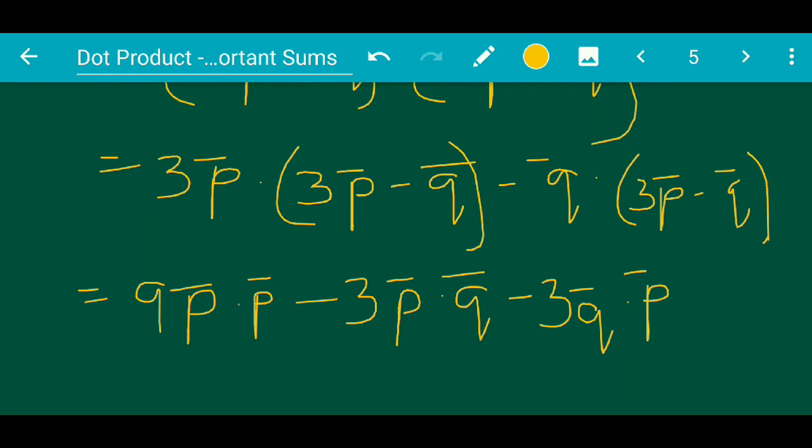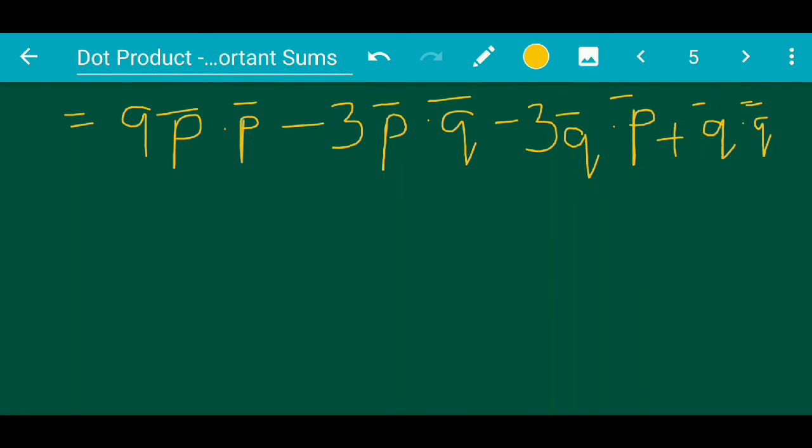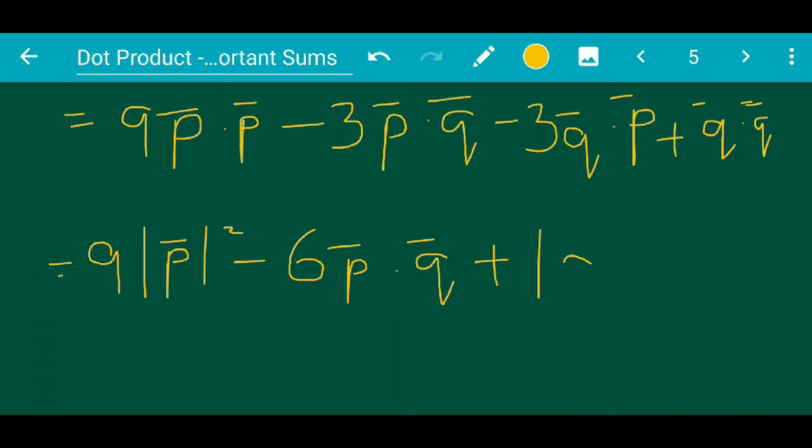You know that the dot product can be written this way also, and again minus and minus plus q dot q. Having written that, we can also write it this way: 9 into mod p square, minus 3 p dot q and minus 3 q dot p, we can add them together, so minus 6 p dot q, plus mod q square.